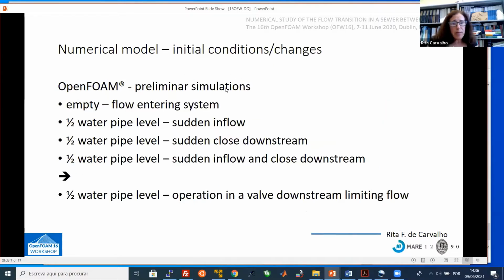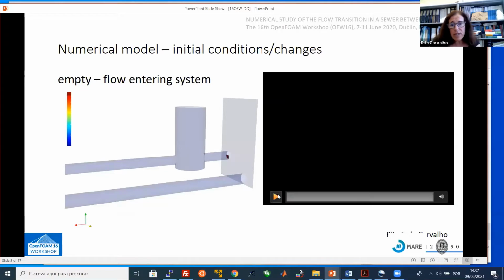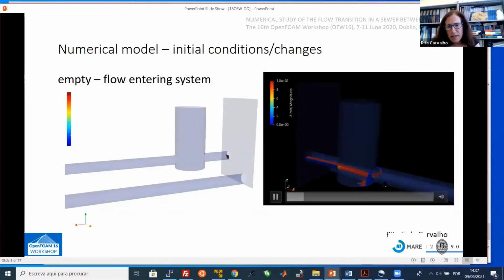Okay, so in this preliminary simulation, we tried to use an empty pipe with just the flow entering, but it's taking too long. So we start already at half level in the pipe, and we try to do some sudden inflow, a sudden close downstream, sudden inflow and close downstream. And also we try to simulate a valve closing as a dynamic mesh to limit the flow. Okay, so this is where the installation starts here.